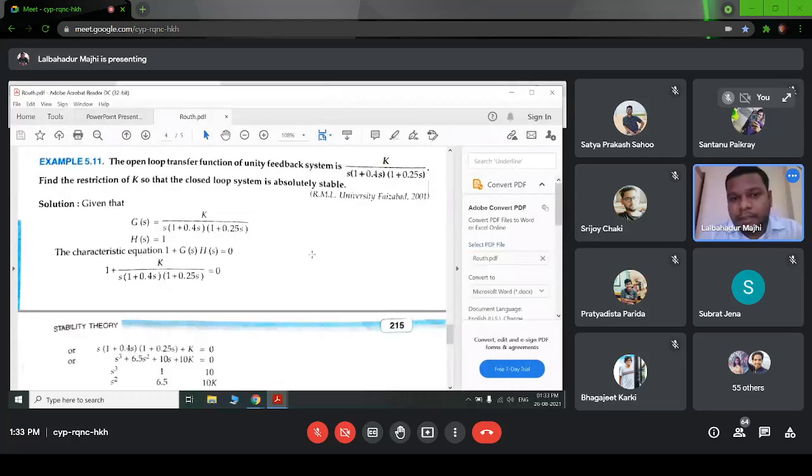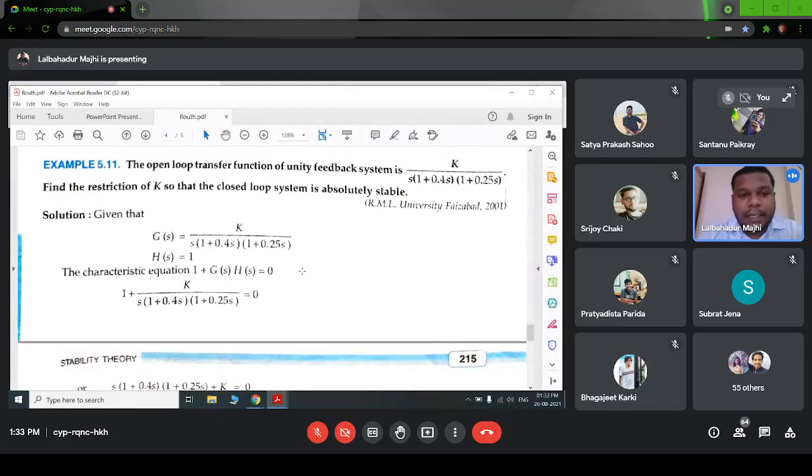Okay. So we have discussed how to form the Routh table or Routh array and how we can solve it. And also we discussed what will happen if the first element of a row is 0, and what if all the elements in the row are 0.